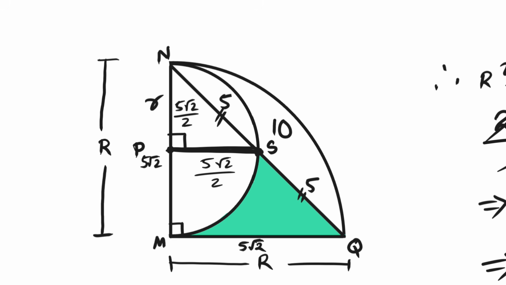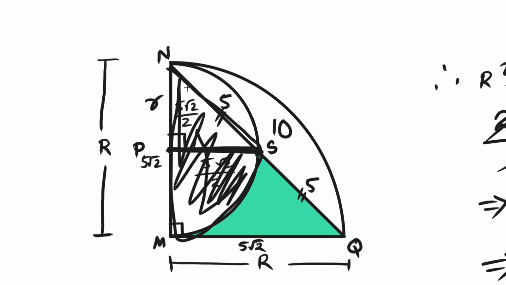Before we calculate the final shaded area, we need three separate areas. First, the area of the large triangle MNQ. Second, the area of the smaller triangle NPS. And third, the area of the smaller quarter circle. Then we will subtract those unwanted parts from the large triangle.